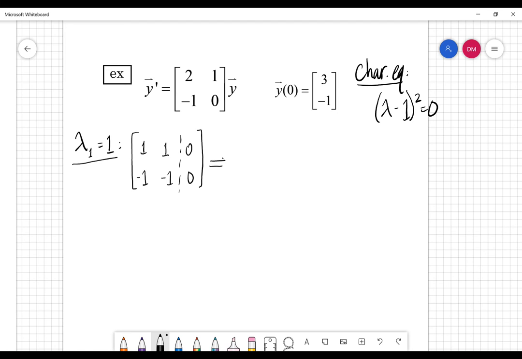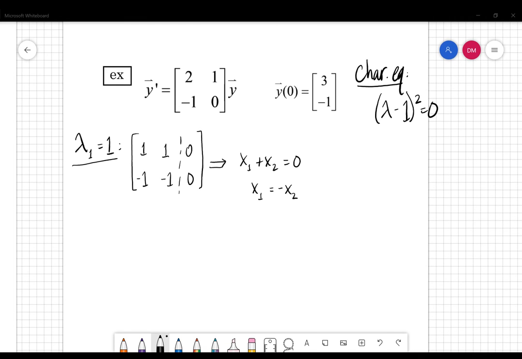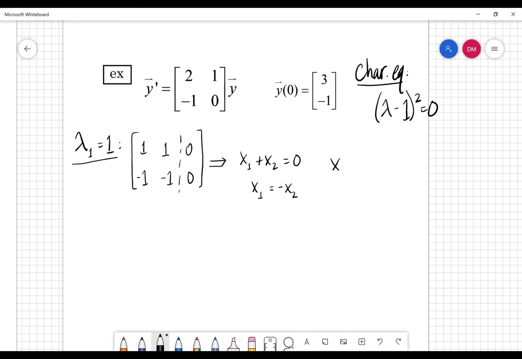So we're going to take row 1, which gives us that x1 plus x2 is equal to 0, meaning any x sub 1 we pick will be the negative of x sub 2. What I chose was 1, -1. And so that's my eigenvector here, 1, -1.